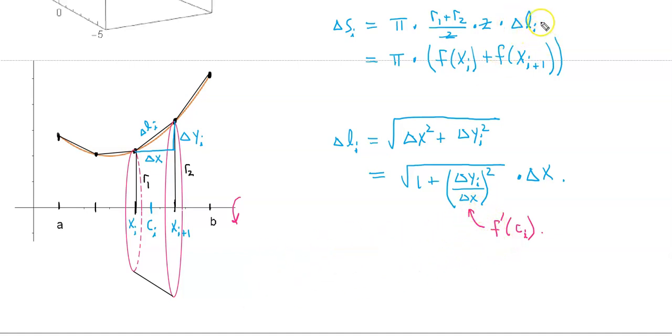So now we can write this delta L sub i as follows. So this is going to be, we multiply this by the square root of 1 plus, and there we go, we have our full formula now.